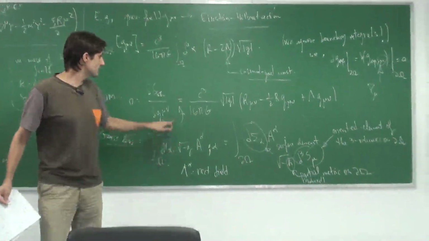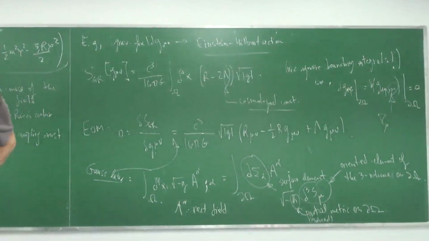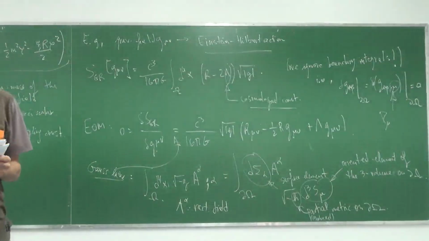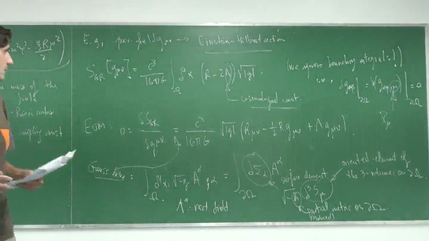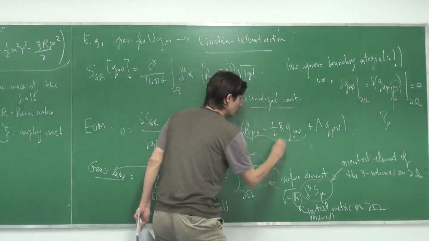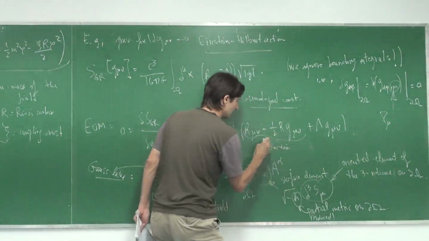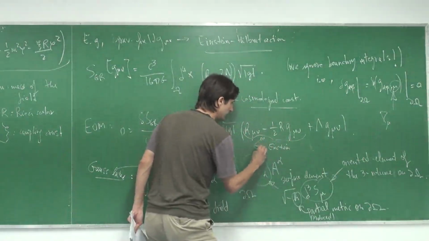Okay, so this was used here, and this is used heavily in all these sort of calculations. This tensor here is the so-called Einstein tensor, and it's called G mu nu.